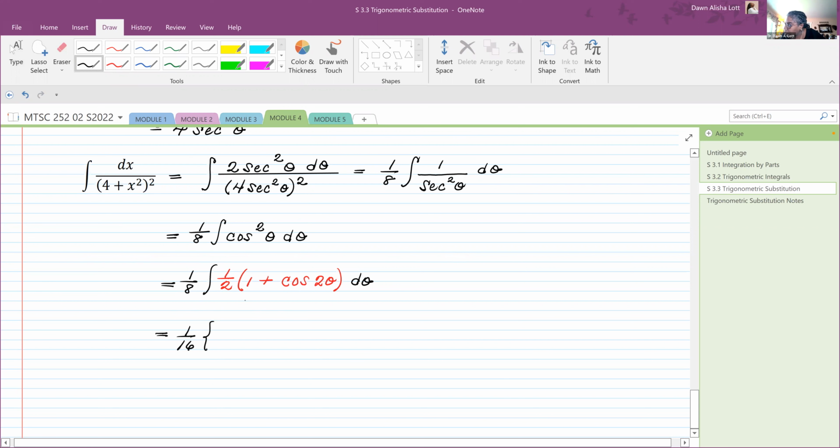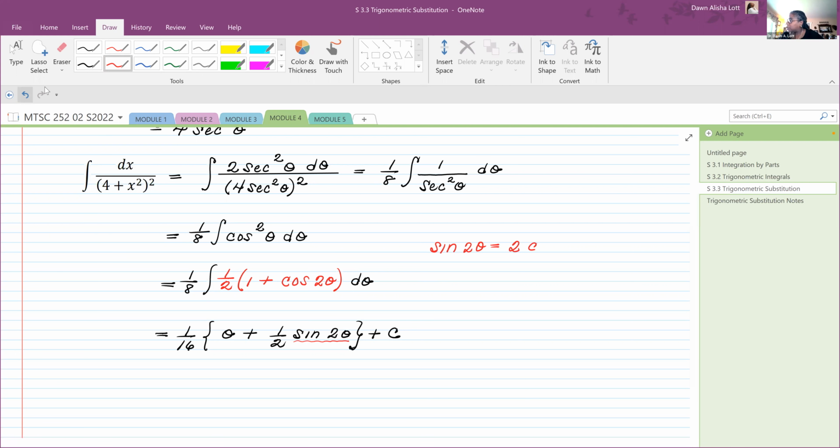When I integrate 1, I'm going to get theta. And when I integrate cosine 2 theta, I get 1/2 the sine of 2 theta plus a constant. And so now I have to figure out what to do with this sine of 2 theta. And that lends to another law. That is the sine of 2 theta is 2 times the sine of theta cosine theta.